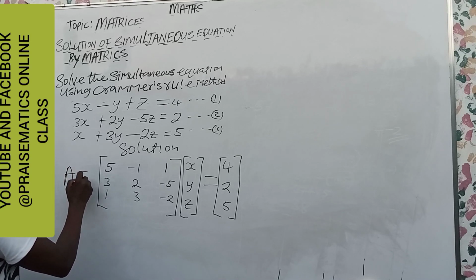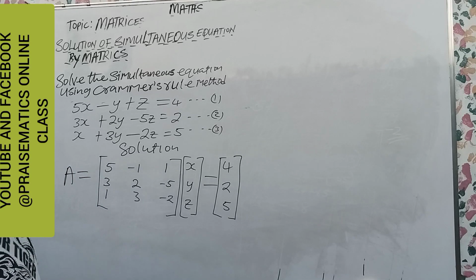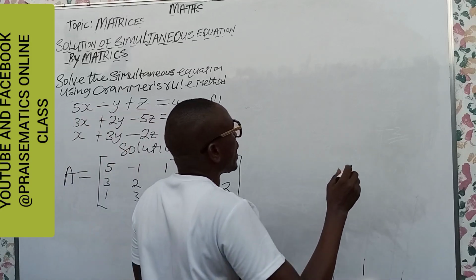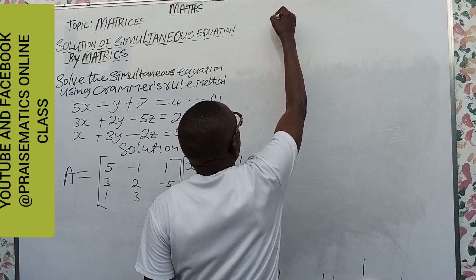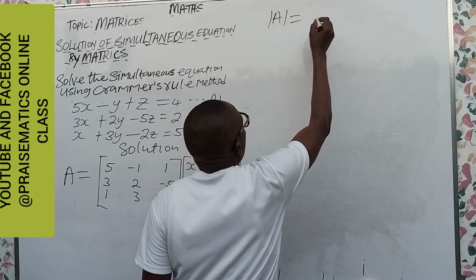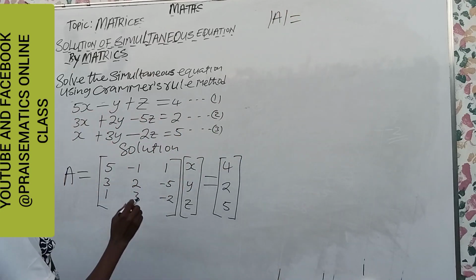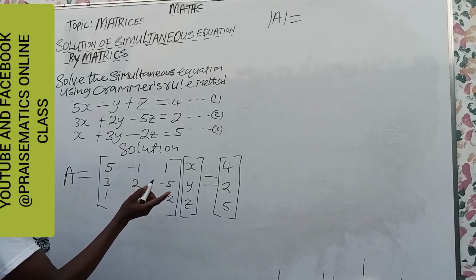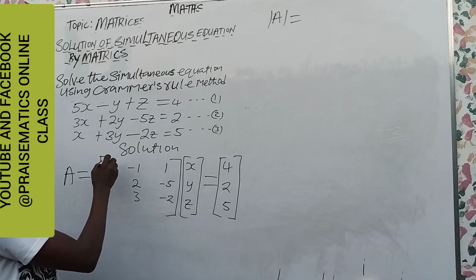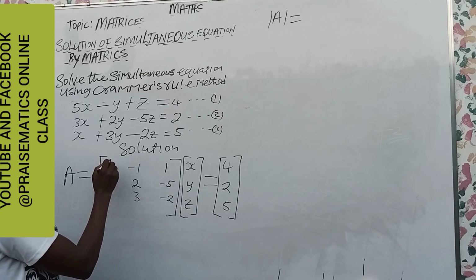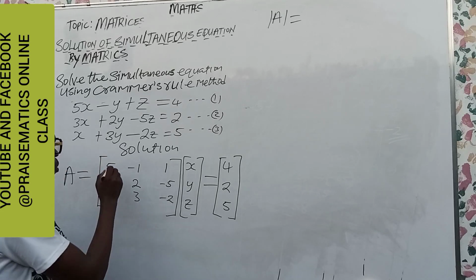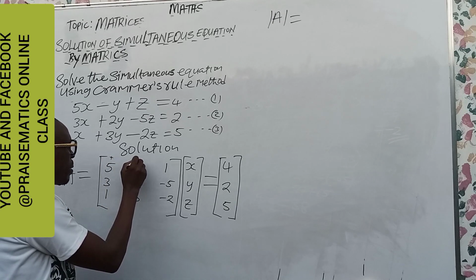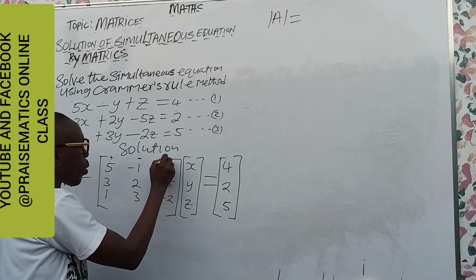You can say A is equal to this. After assigning the alphabet, you need to look for the determinant of A. Remember that in our previous class, we said that before you look for the determinant, you need to assign a binary operation, that is plus, minus, plus.